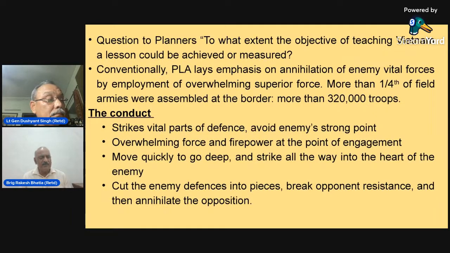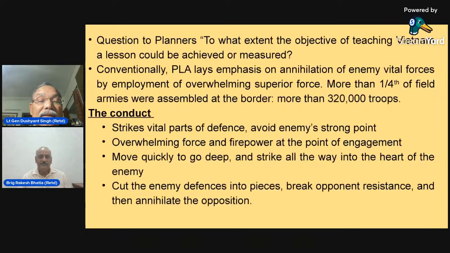Though it is not a correct term to use here, it is more applicable to the nodal point concept. Routes of ingress and egress were simply blocked. And then the locality was tackled by initially pounding it with a lot of explosives, followed by infantry in human wave technique. One after the other, the waves kept on coming.